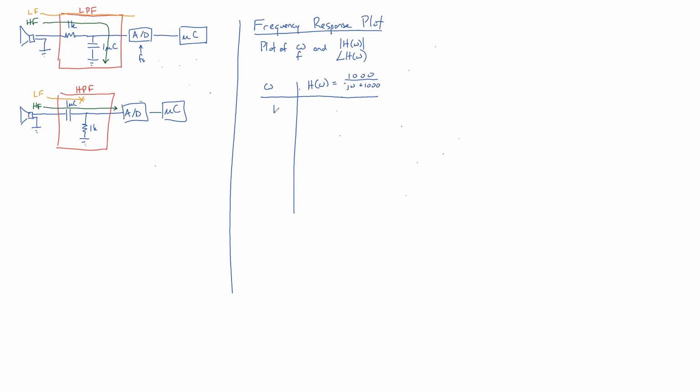Just before we write this down, I want to take a quick mathematical aside here, like we sometimes do, and review how to figure out magnitudes and angles. If you want to find the magnitude of AB over CD, it's equal to the magnitude of the numerator over the magnitude of the denominator, which is equal to the magnitude of every single component separately.